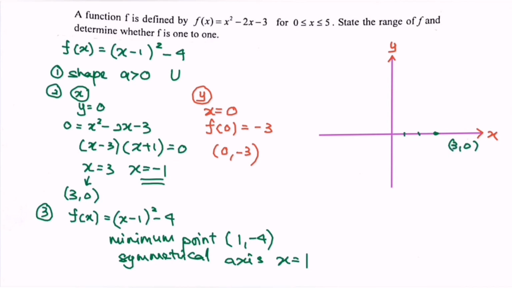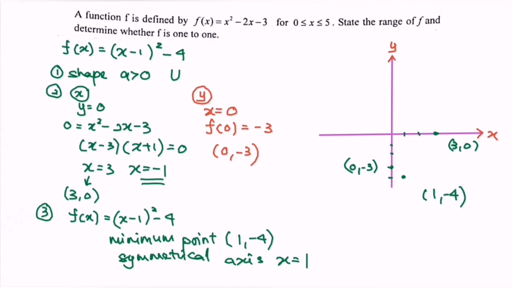Next, we have 0, negative 3, which is the y-intercept. Next, we have the minimum point, 1, negative 4. The location for negative 4 will be around here. So here we have the minimum point 1, negative 4.